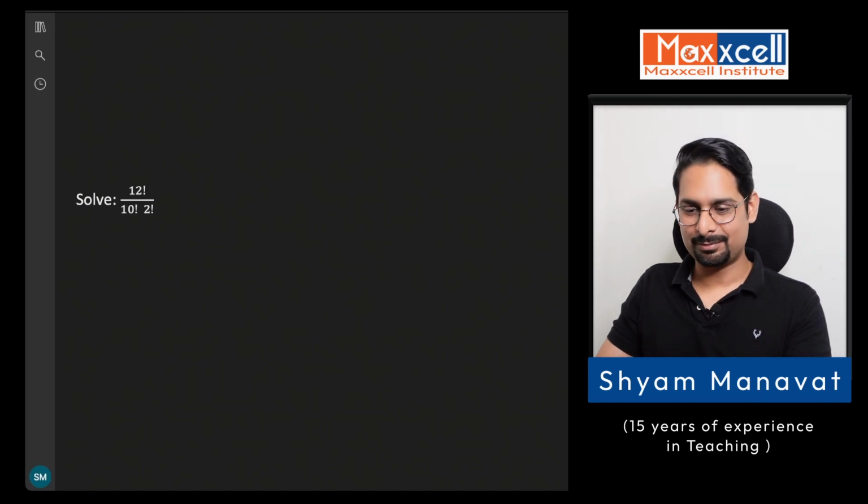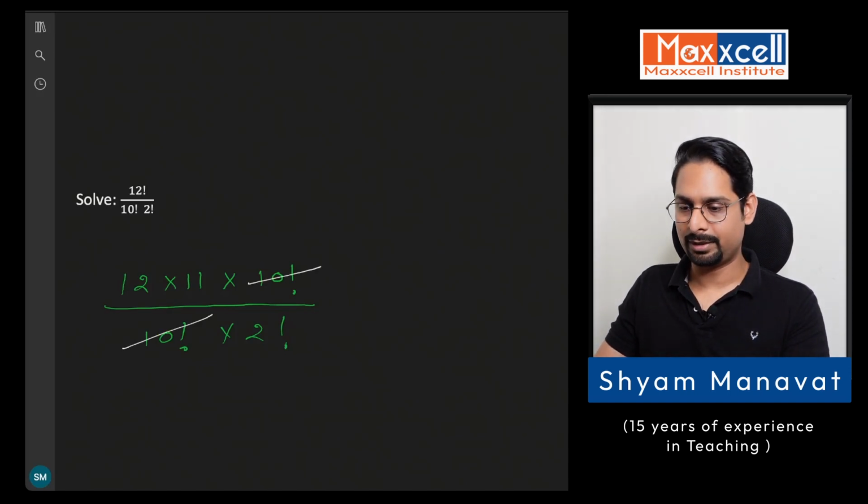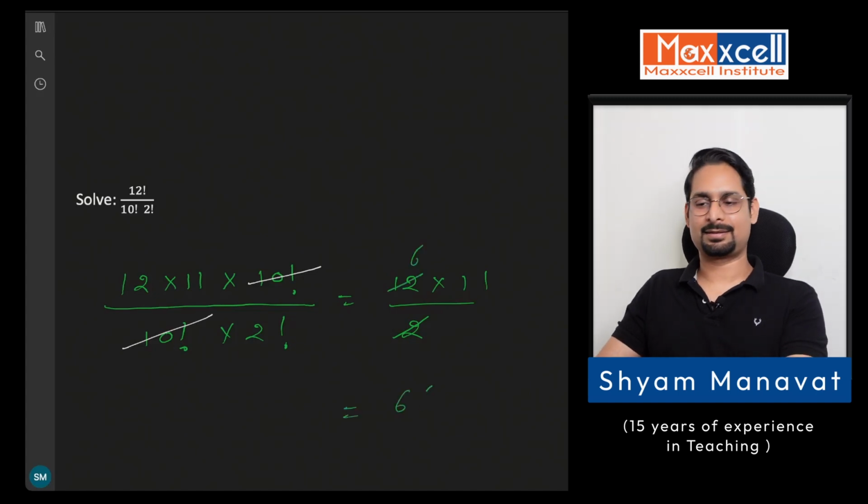We should simply write 12 into 11 and keep 10 factorial as it is, because this 10 factorial in the denominator we can cancel here. Okay. Yeah, this 2 factorial we should simplify further. We should make it 12 into 11, and 2 factorial is simply 2. 2 6s are 12, and then here we got what? 66. So that's the answer.